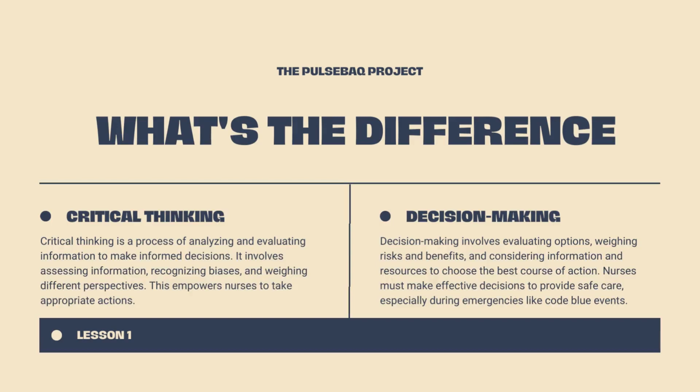We'll get into these in the next slides. But being able to critically think and make the preparations to clinically decide what's best for your patients is going to actually empower you to take those appropriate actions.